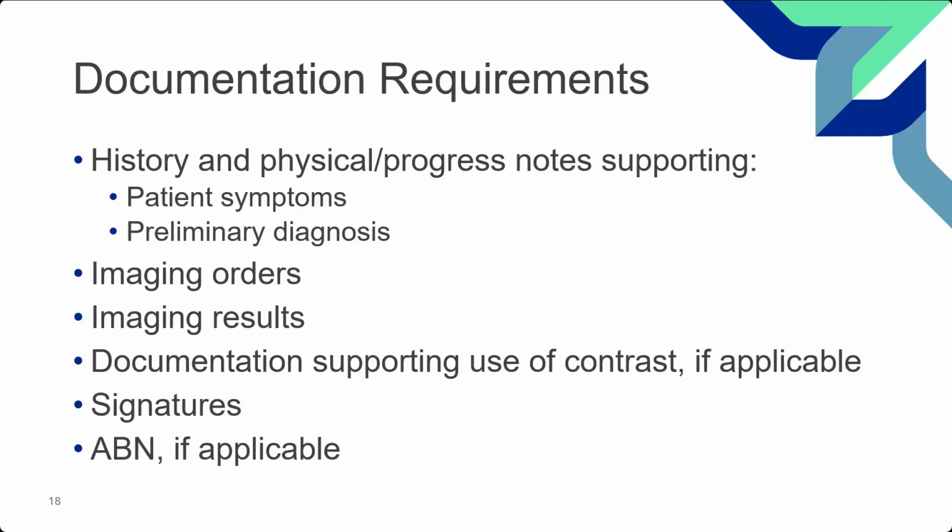If you issue an ABN to the patient because you have some sort of reason to believe that on that day, for that patient, for that service, Medicare may not pay, then you have the right to issue an advanced beneficiary notice of non-coverage and let the patient know that in the event that Medicare does not consider it medically reasonable and necessary, the patient may be subject to pay for those services.